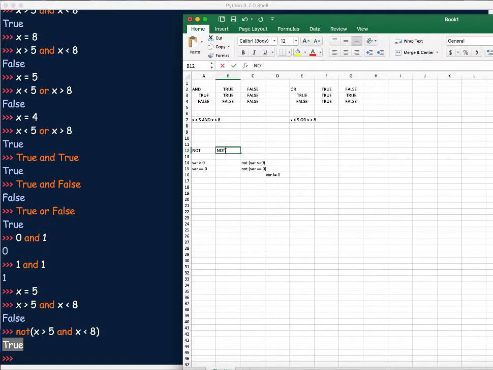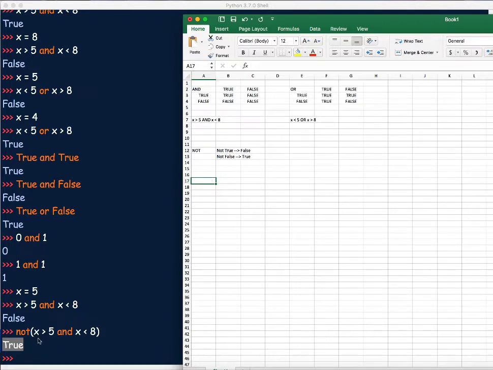So if you do not true, that means it's false. If it's not false, that means it's true. Evaluate your statements and just keep an eye on them, and then break them down if you need to. Try not to make things so painful.